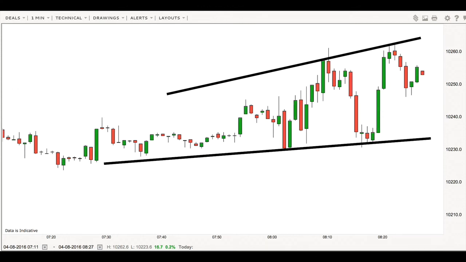Either way, people who have gone short at the top of this particular range will be keeping a close eye, as I am doing, on the price action, just to see whether or not the wedge is going to break out. It looks as though it's just reacting to the 10,250 level as it drops below it again now. So everybody who's gone short can breathe a nice sigh of relief.